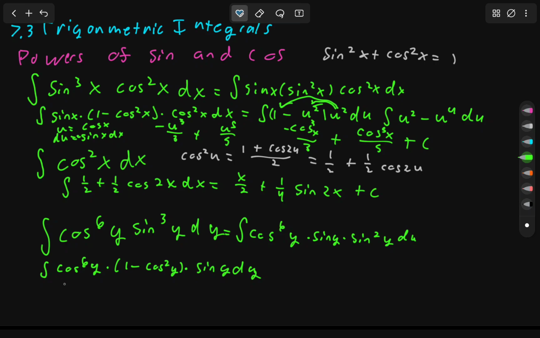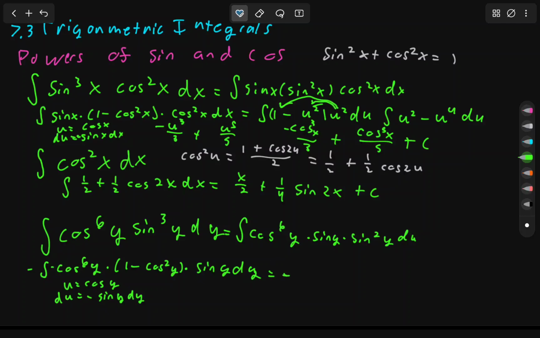So u here is once again going to be cosine because the derivative is sine. Our du is going to be negative sine of y dy. Well, this time let's not forget our negative. We're just going to plop it out front, and we're going to say that we're also going to multiply it.